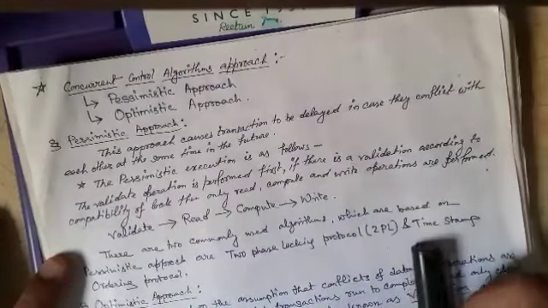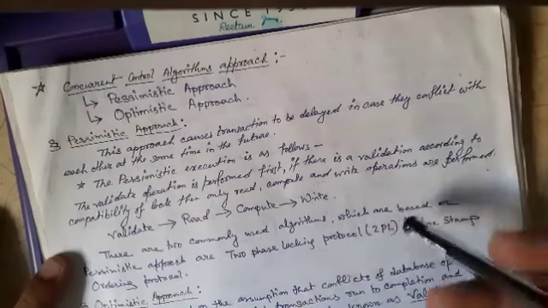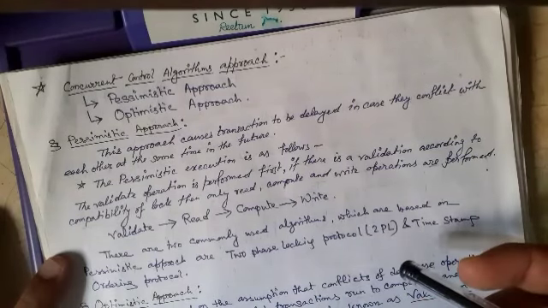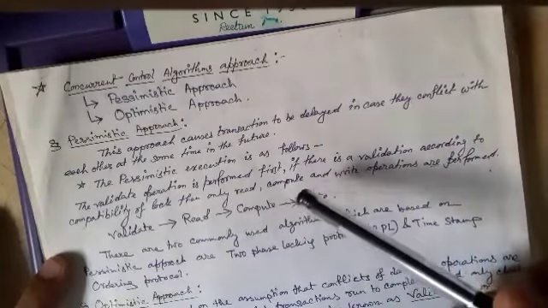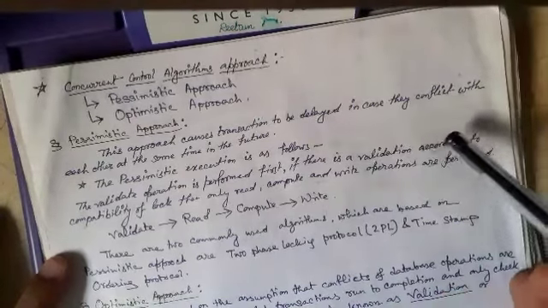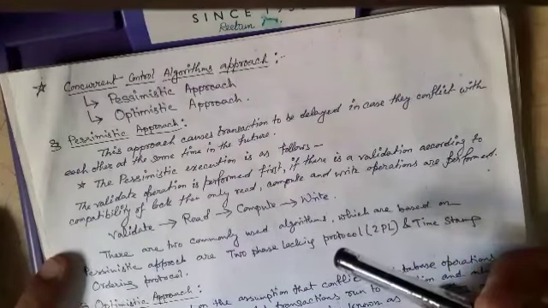The first one is the pessimistic approach and the second one is the optimistic approach. The pessimistic approach causes transactions to be delayed in case they conflict with each other at the same time in the future.